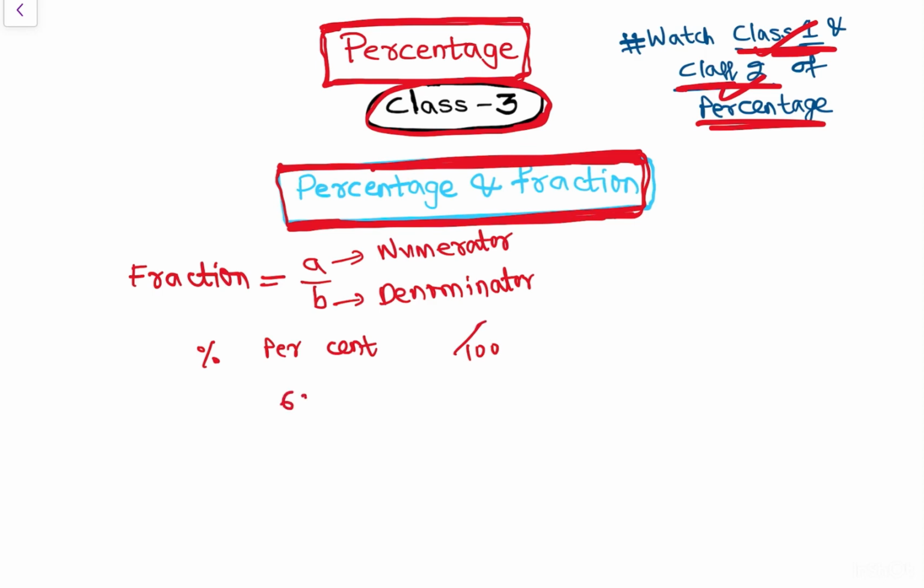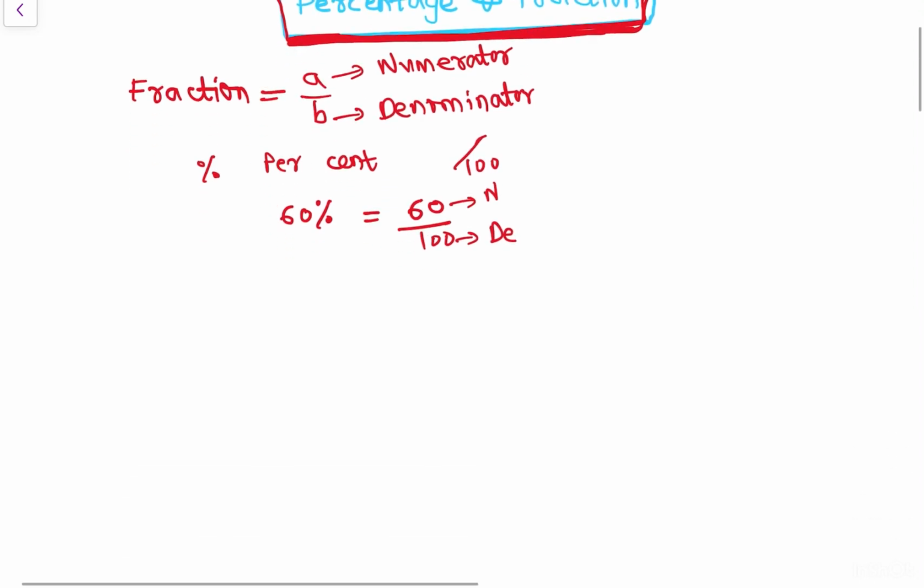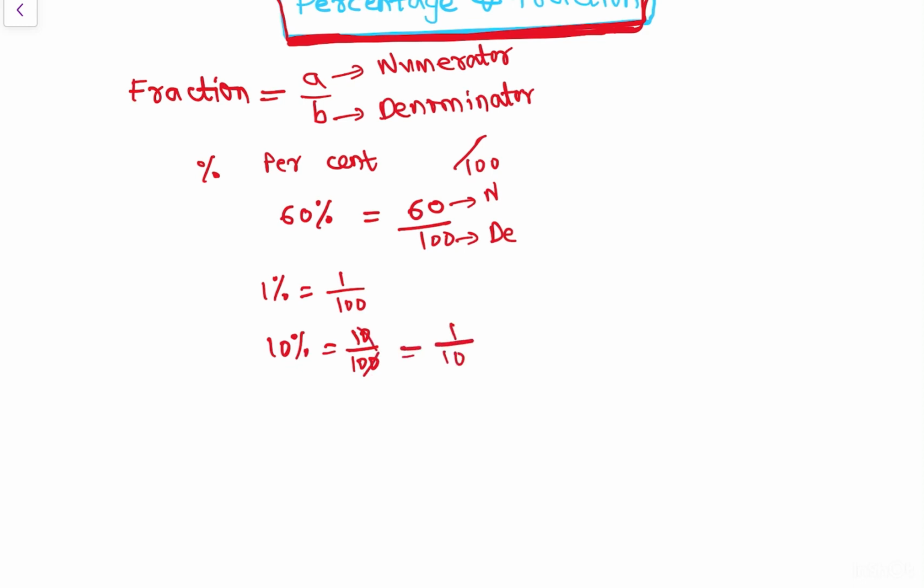So if it is 60%, how do you write it? 60 by 100. So 60 is the numerator and 100 is the denominator. Then say 1% is 1 by 100, and 10% is 10 by 100. That can be written, cancelling the zeros, as 1 by 10. This is a fraction.